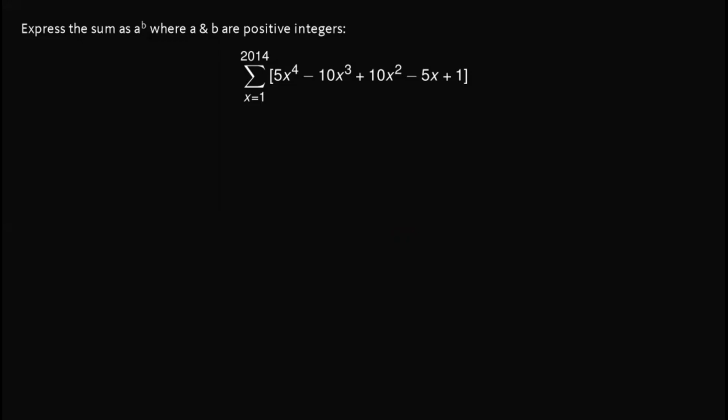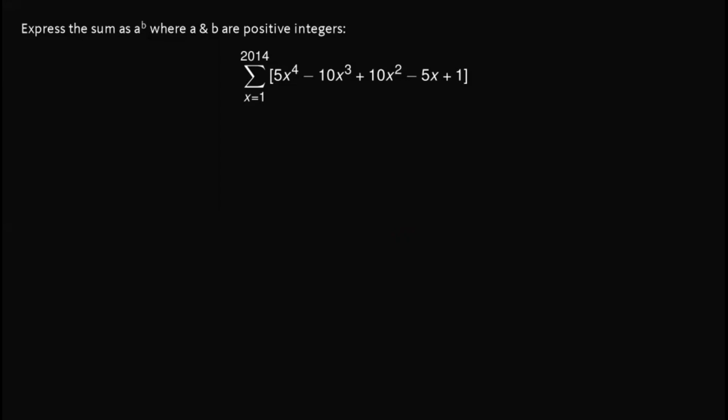Hi there. For this video, we'll be solving this given summation, wherein we will express it in the form a raised to b, where a and b are both positive integers.